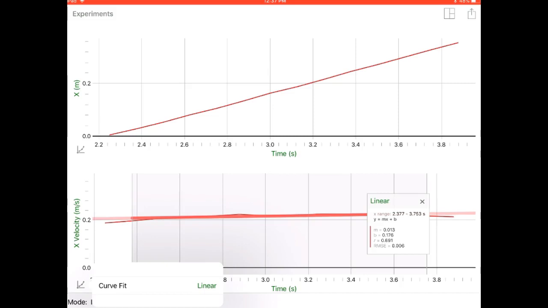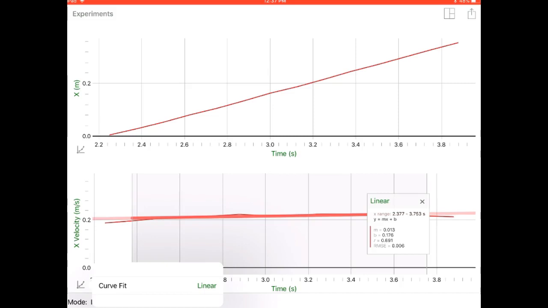My y-axis is meters per second, and my x-axis is units of seconds, so that would be a slope of 0.013 meters per second over seconds. So it's basically saying this is how much the velocity is changing in meters per second each second. You could simplify that to be meters per second squared, as we've learned in class, but sometimes I like to leave it as meters per second over second.